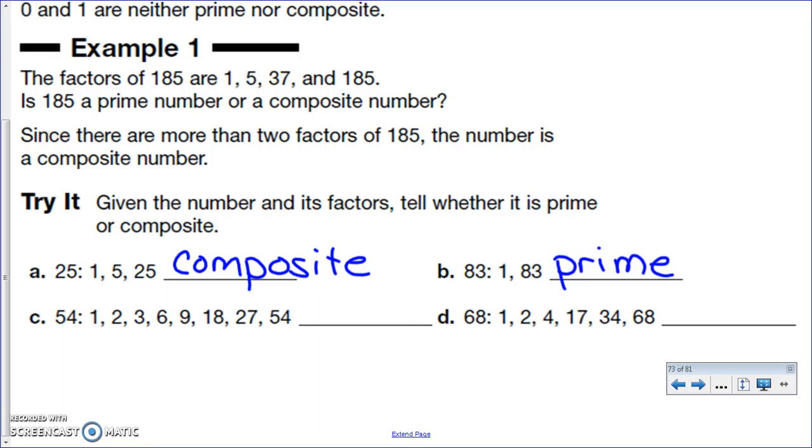For C, you have 54, and we know it has more than 1 and 54 as factors, so we know it's composite. Finally, D, 68 has more than two factors, so we know it also is composite.